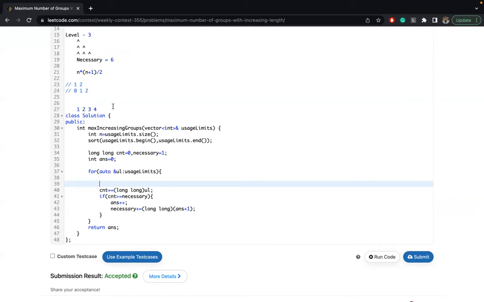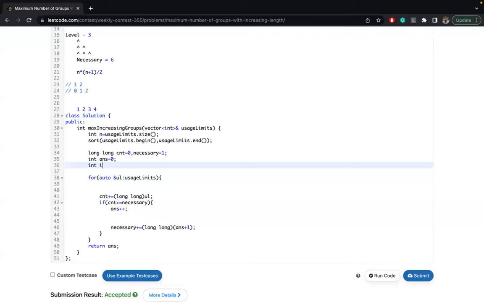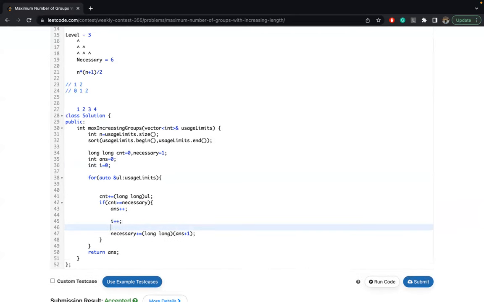One way to do the necessary count is to have some index i equal to 0, and do i plus plus, and then necessary is equal to i into i plus 1 divided by 2.